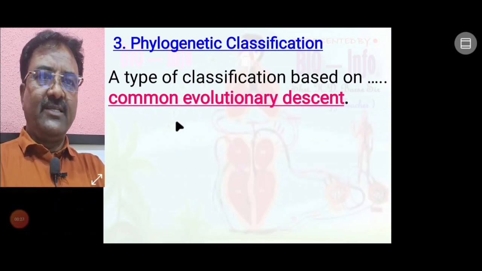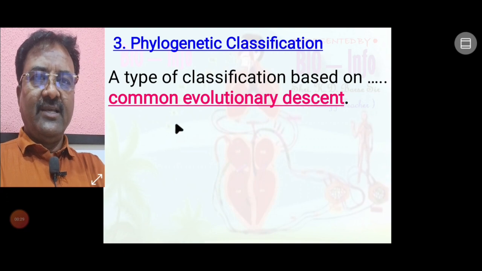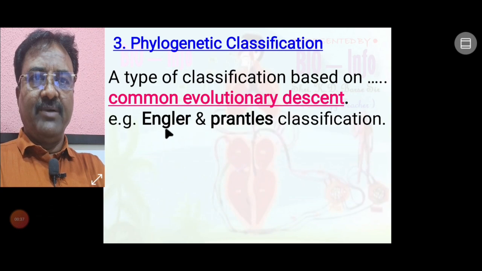This type of classification takes place, and phylogenetic classification was proposed by Engler and Prantl, so it is called Engler and Prantl's classification, because these two scientists proposed phylogenetic classification.